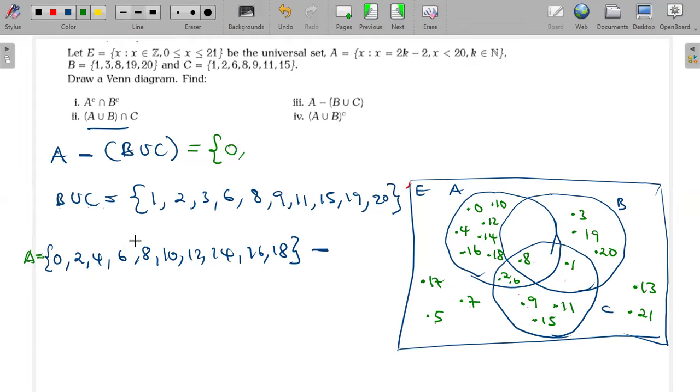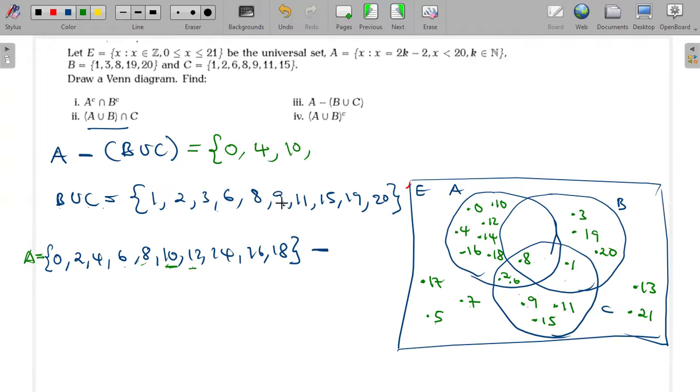Then you have what element? So 2 is there, 2 is there. So you go 4. So 4 is in A, but it's not in this union of B and C. So 4 there. Okay, what element follows here? You have, so here, 6, 6 is there, 8, 8 is there. Okay, so 10, 10 is not in this part, so 10 goes there.